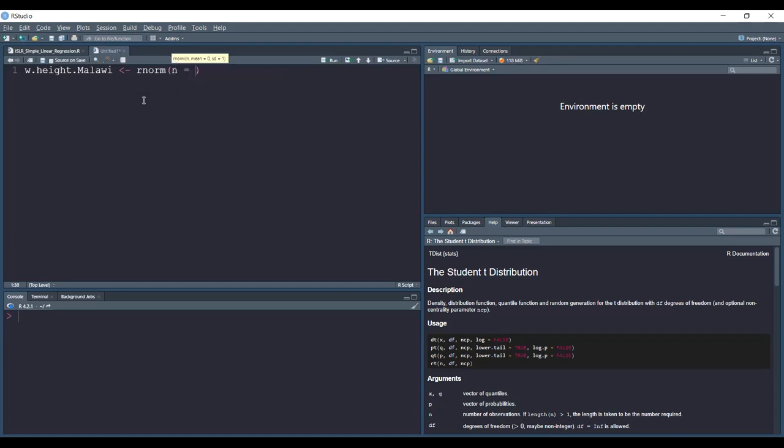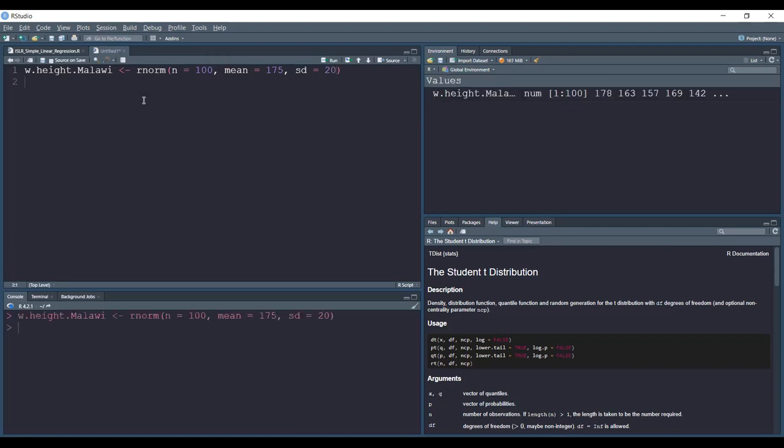So I tell R to generate 100 values with a mean of 175 centimeters and a standard deviation of, say, 20. You do it, and we can now do a little histogram.